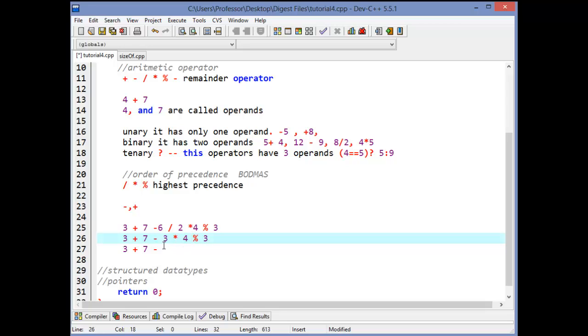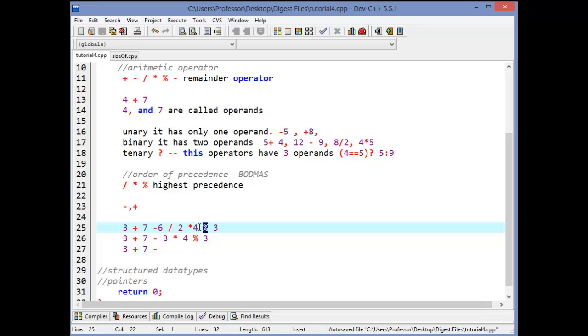Then one more thing, because division, multiplication, and modulus are at the same level of precedence, when they are present in an arithmetic expression, the compiler adopts the method of left to right. Is that okay? It sorts from left to right. So because this comes first before this, it will evaluate this before evaluating that. Is that okay? That is the concept, or the convention, of solving from left to right.